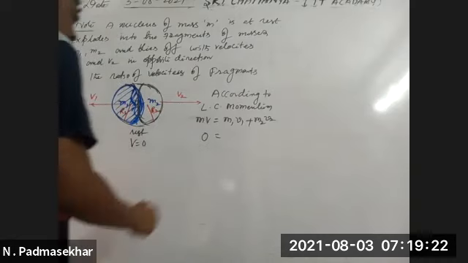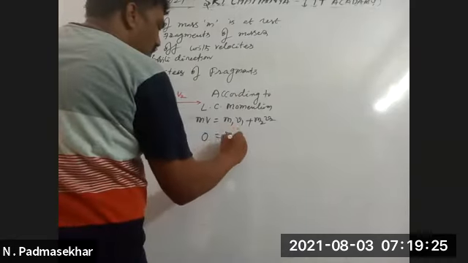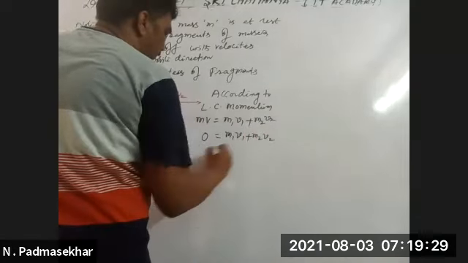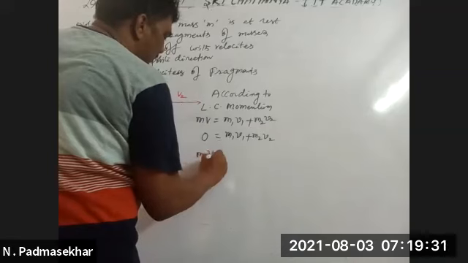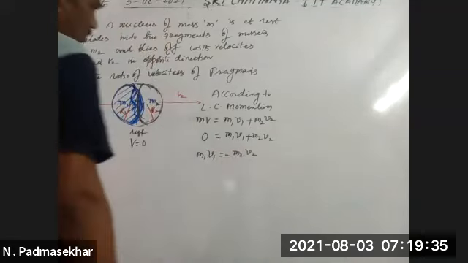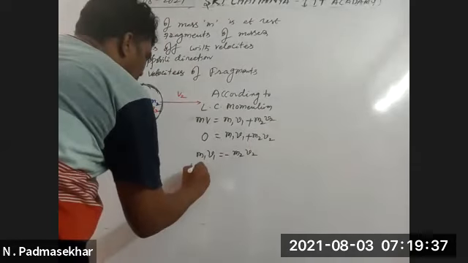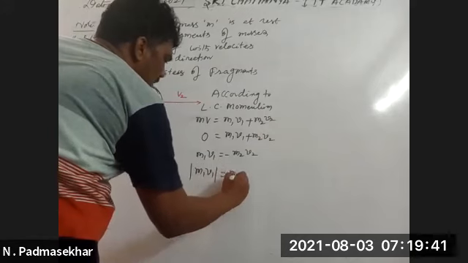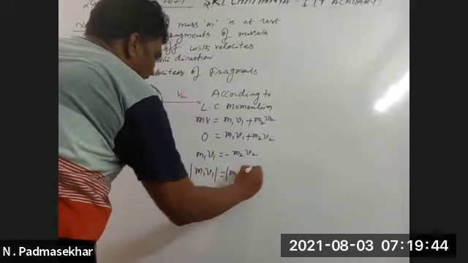So 0 is equal to m1 v1 plus m2 v2. It is m1 v1 is equal to minus m2 v2. So the magnitude of the momentum of the first, m1 v1, is equal to the magnitude of the momentum of the second.